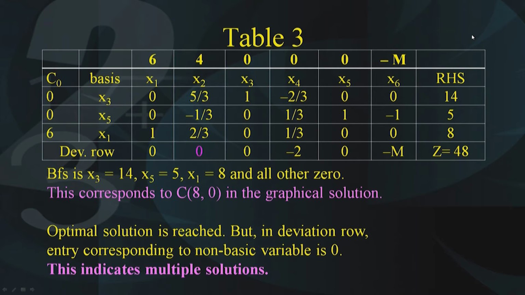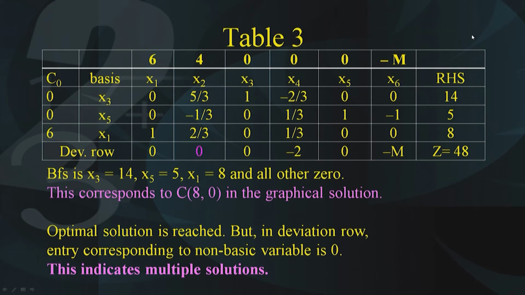If you look at the deviation rows, we first have to calculate them. The deviation rows are calculated using the same method: 6 minus 0, 0, 6 multiplied by 0, 0, 1, which comes to 0. Similarly, this entry is 0, this entry is 0, this is minus 2, 0 and minus M. You will observe that this entry is 0 because x1 is in the basis.